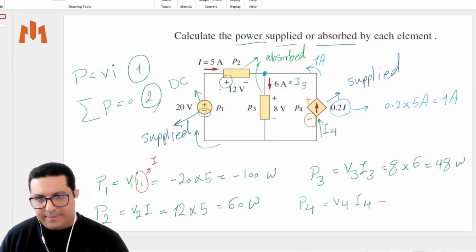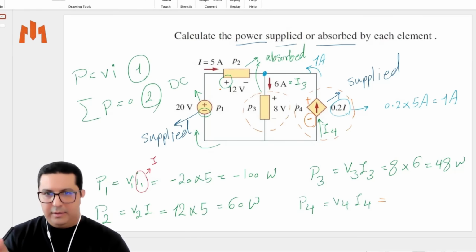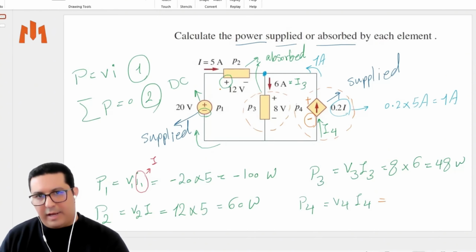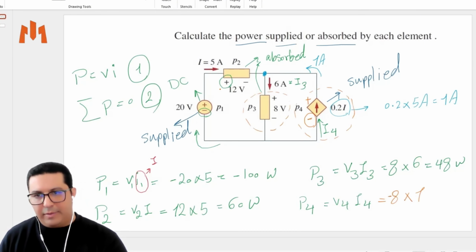This one and this one, they are parallel. So for P3, we have 8 volt absolutely. V4 is again 8 volt, but the current enters the negative terminal and it is 1 ampere, so it is minus 8.